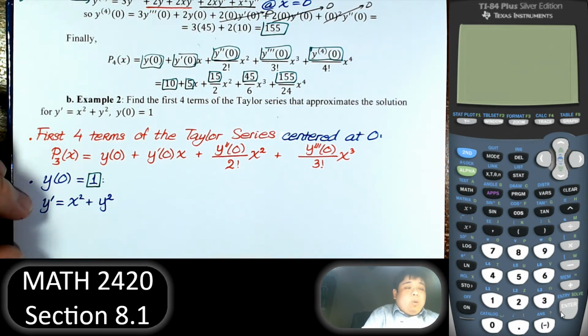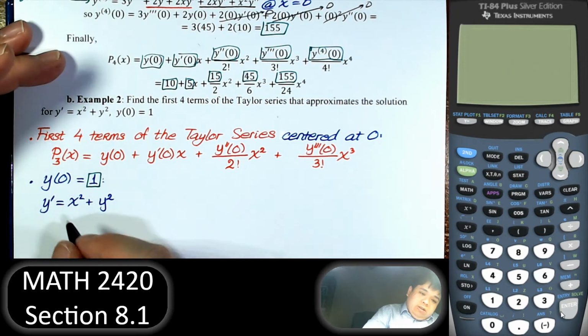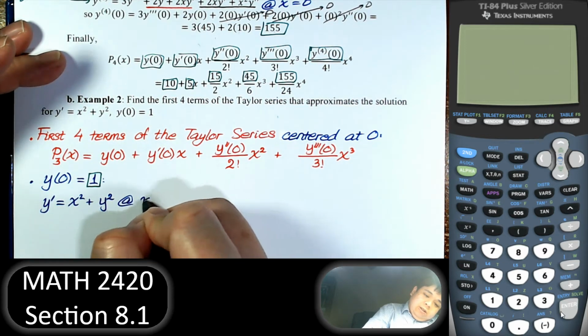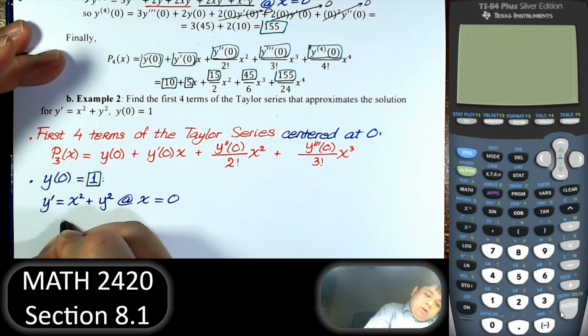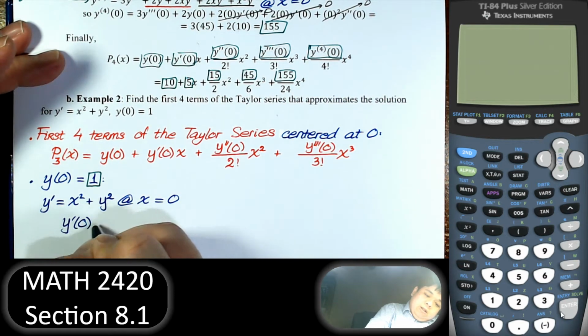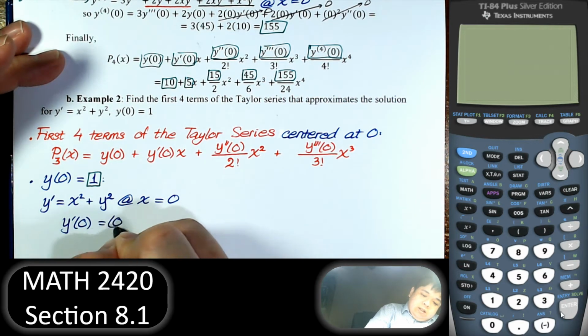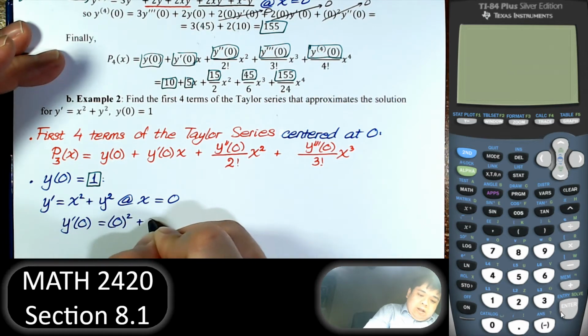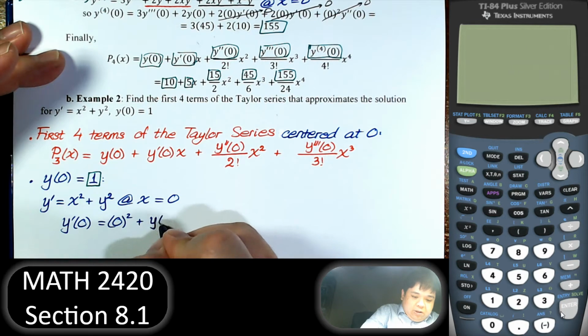Now, if we evaluate at x equal to 0, so put 0 in the derivative, 0 for x, and y of 0.